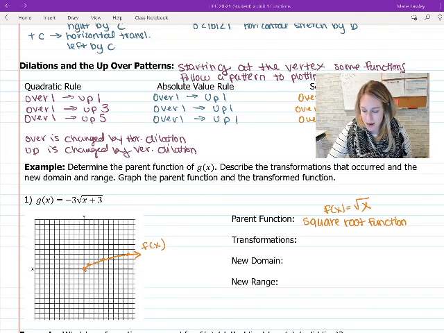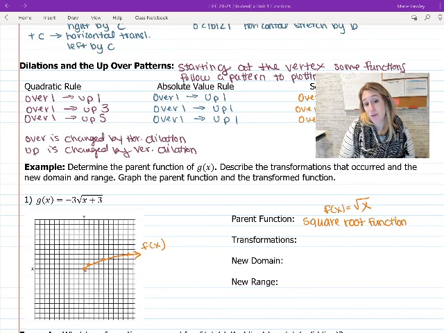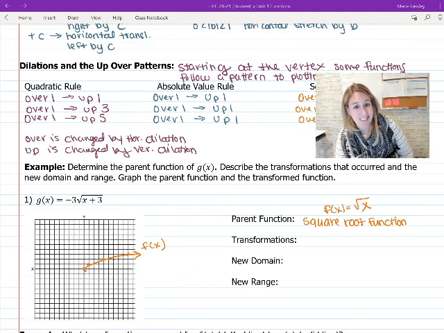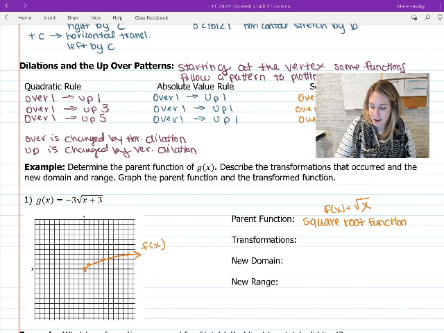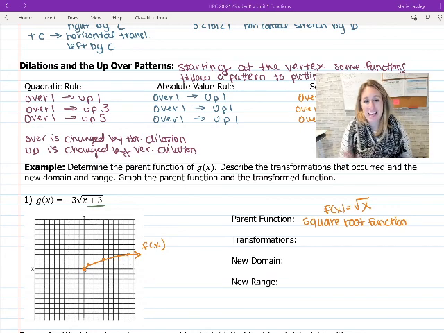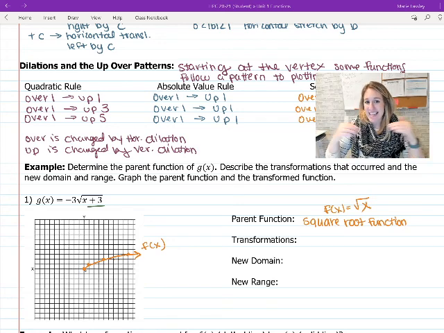Next, I'm going to describe the transformations that are happening to my function. I'm going to start with any translations. If I look at my function, I see that I have a +3 inside the function. Anything that happens inside the function is a horizontal transformation.